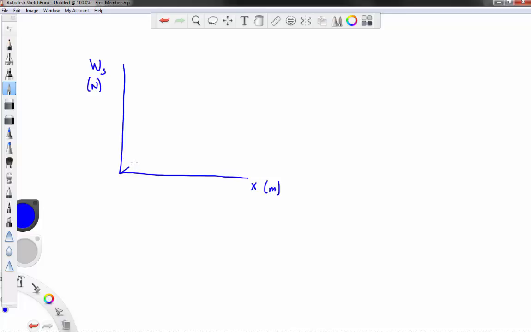And you end up getting a line, like so, ultimately. And so the slope of your line is going to be the spring constant. Slope equals spring constant, and spring constant is sometimes represented by a K.